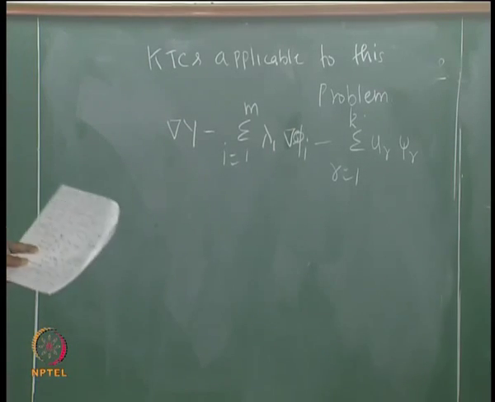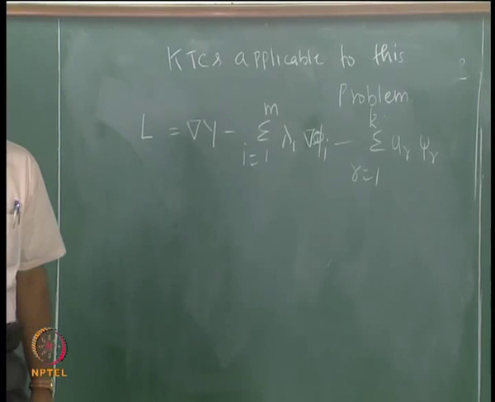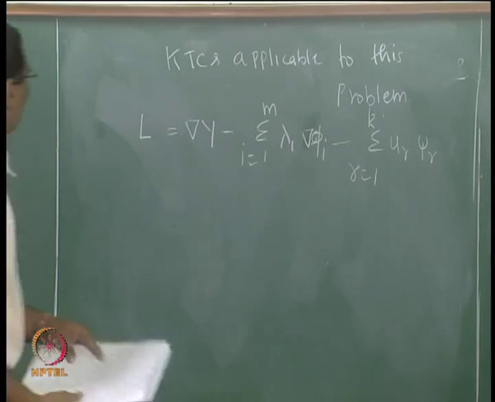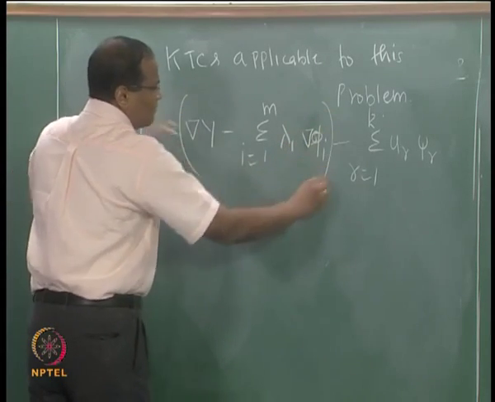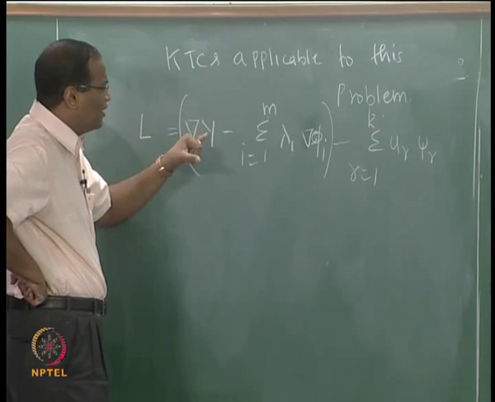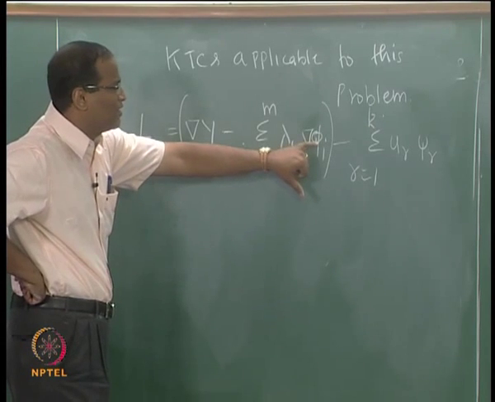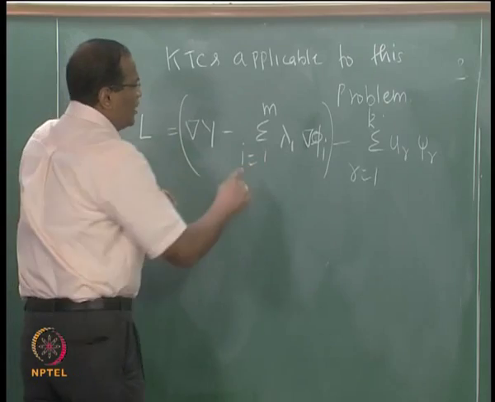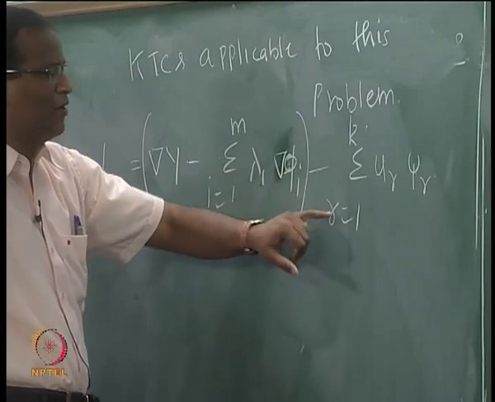So this is the Lagrangian function which you want to minimize. Please note that up to this portion it is the same as the Lagrange multiplier method. I have handled the objective function y, I have handled all the equality constraints for which phi equal to 0, applicable for i equal to 1 to m. Now I put one more term, minus the sum over r equal to 1 to k.